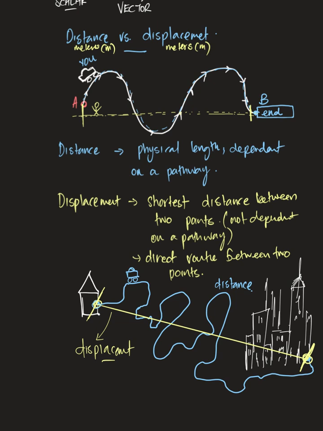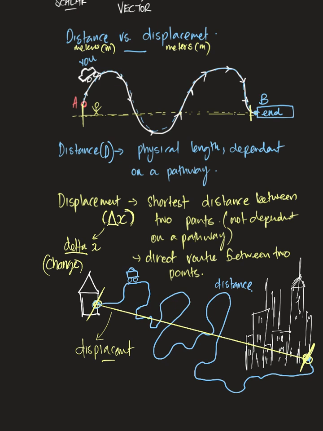Distance has a symbol of capital letter D, and displacement has a symbol of a triangle and an X. We call that delta X. A triangle means delta. It's a Greek letter and it means change.